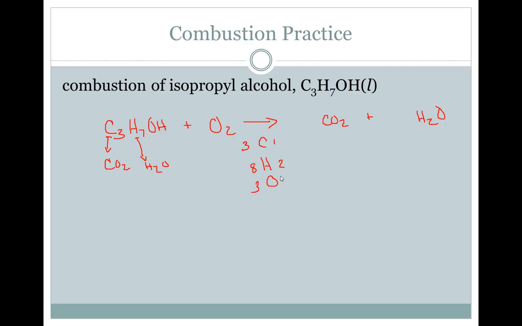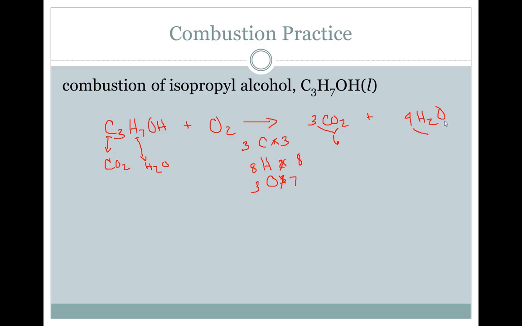Start at the carbon. Multiply this by 3 to change the carbons to a 3. That changes our oxygens to 6, which brings our grand total up to 7. Hydrogens, we have 8 on the left, 2 on the right, so I can multiply this by 4 to make 8.